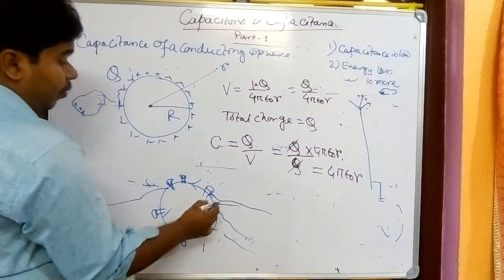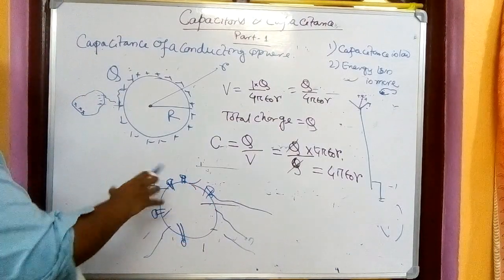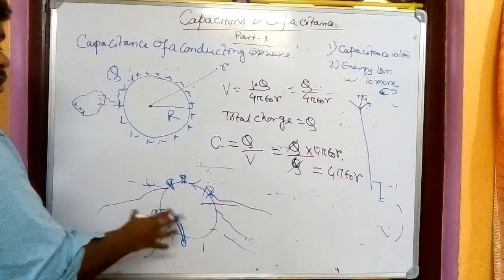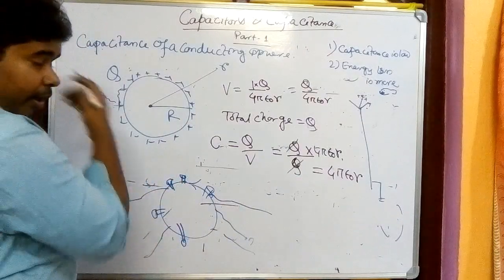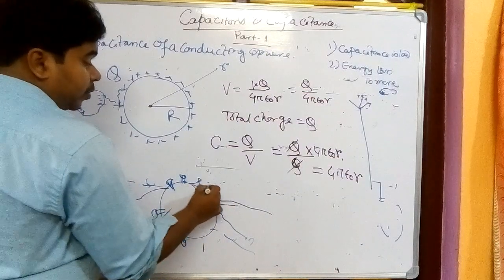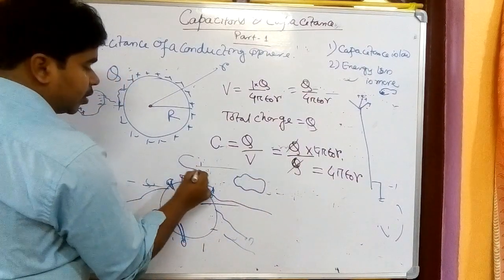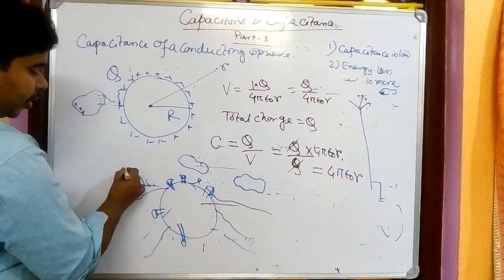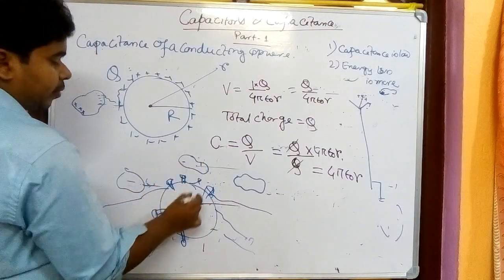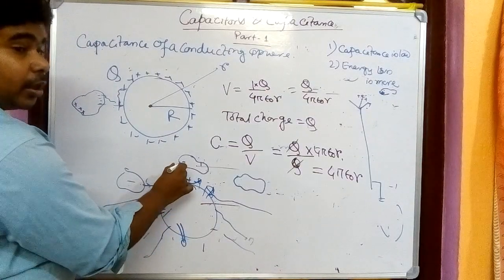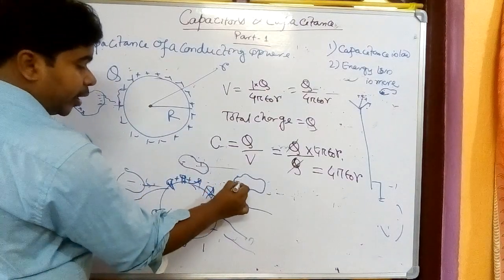When there is a huge charge kept on such a sphere, the air molecules right beside it get polarized by it, because as there is a positive charge, they will attract the negative charge here. Here also they will attract the negative charge.